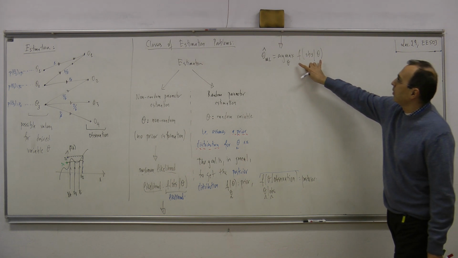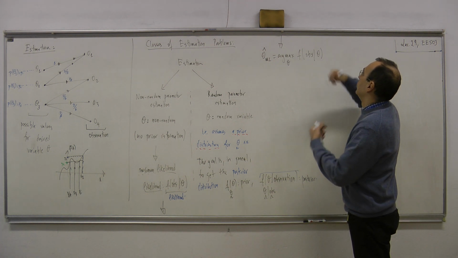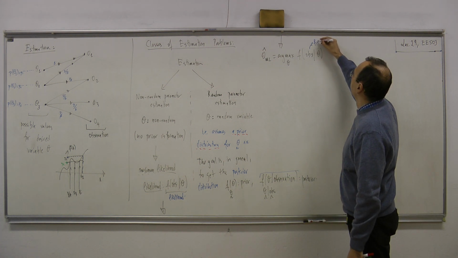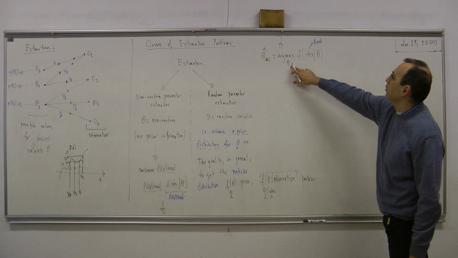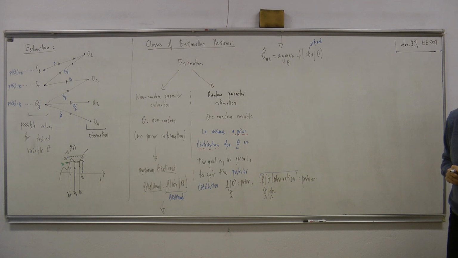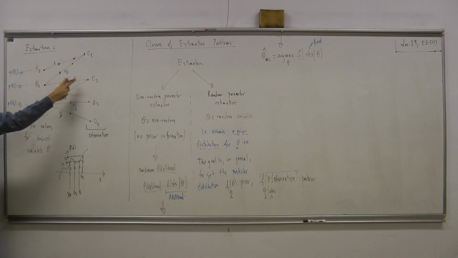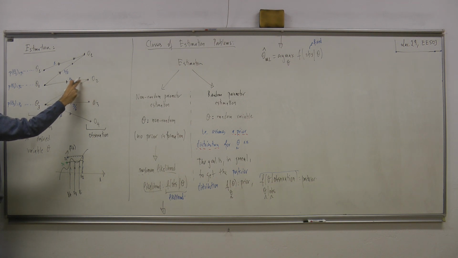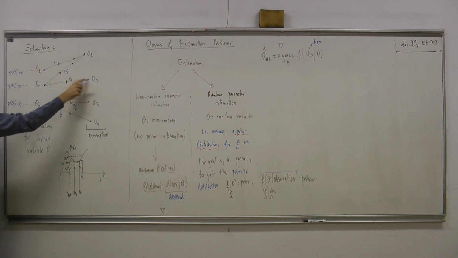And I'm maximizing them given the observation. So the observation is obviously fixed. This is my observation, O1, O2, O3, and I'm trying to set a theta for that. For example, if your observation is this, your estimate is theta 1. If your observation is this one, now these two are equally likely. You flip a coin, it doesn't matter, there is nothing else to do. You say either theta 2 or theta 3, but not theta 1, because it has likelihood 0.